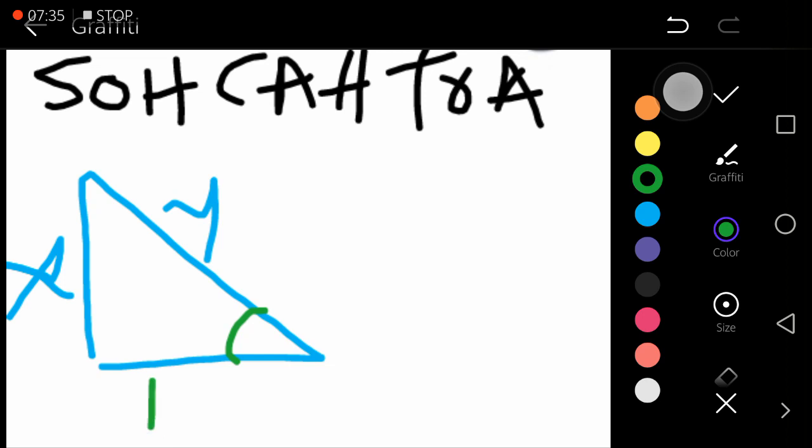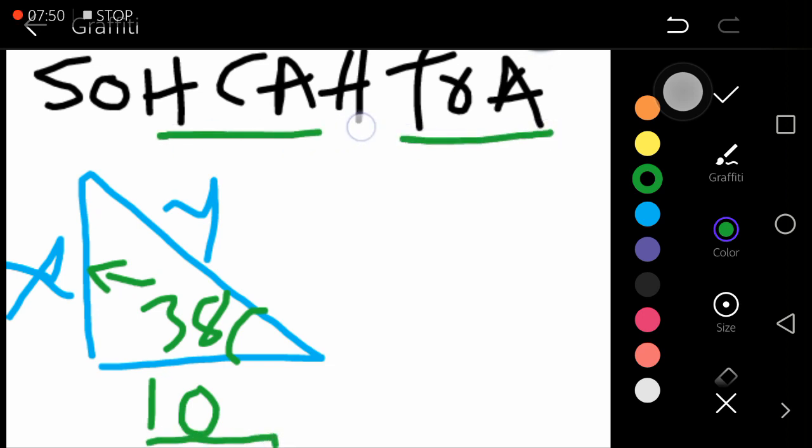The only given is the adjacent, 10, and the degree here is 38. So this is the opposite side. Here is the adjacent. Now we use CAH for the hypotenuse.